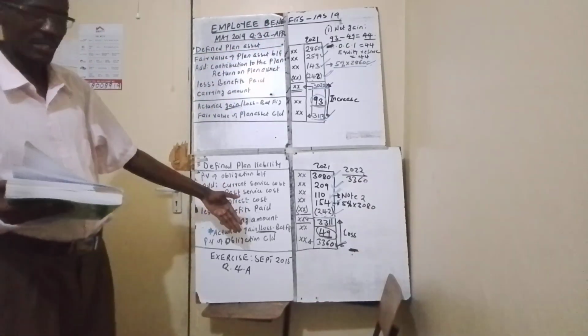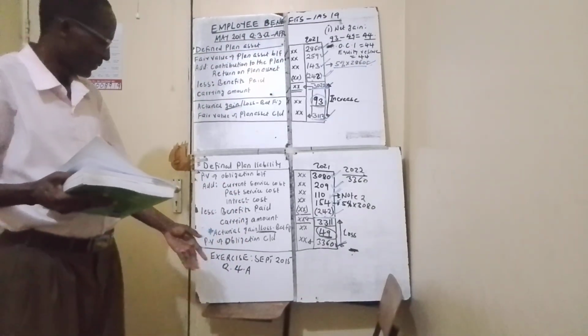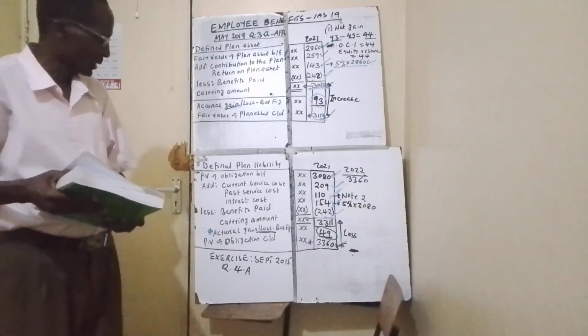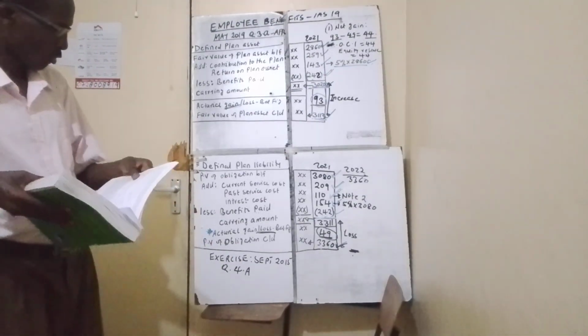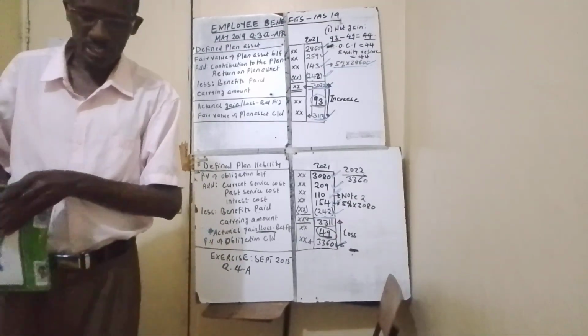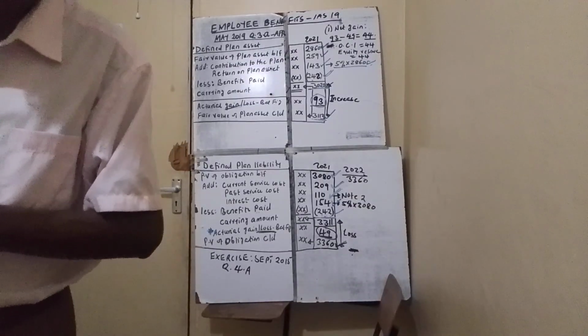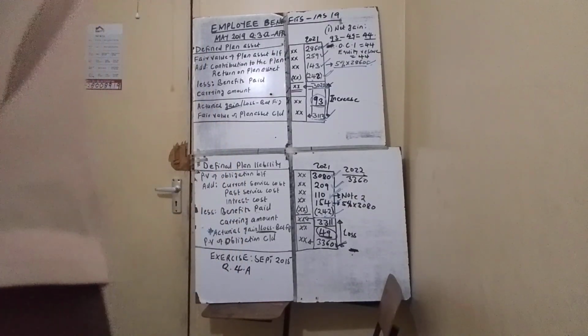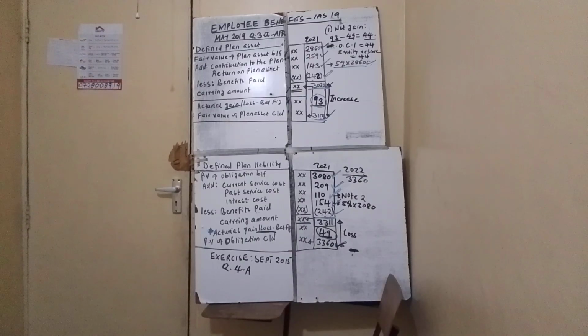We have done that. I've given you an assignment, exercise, September 2015, question 4A. If you do not have that paper, you should not be worried. I'll present it to you. If you don't have the paper, I'll show you the paper.